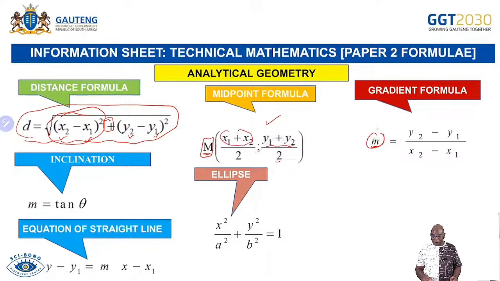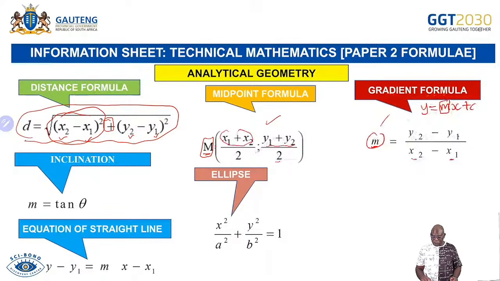The other m here is for the gradient. Remember when you write y equals mx plus c, that m is for the gradient. So the gradient will be y2 minus y1 over x2 minus x1.